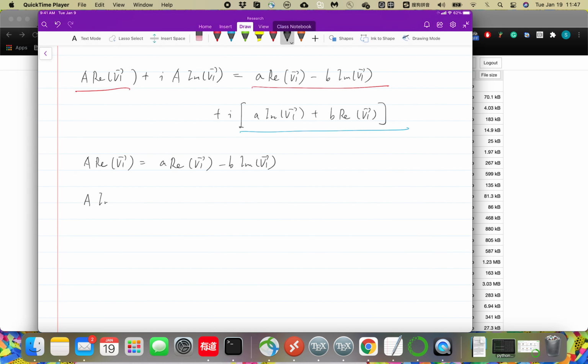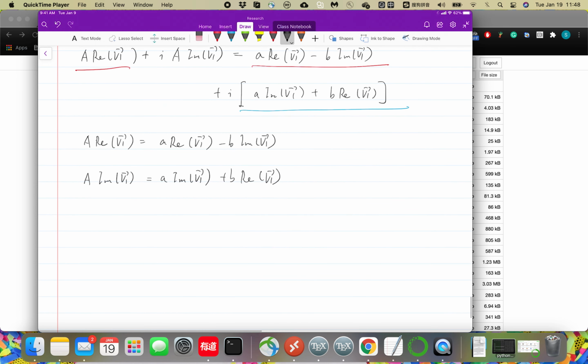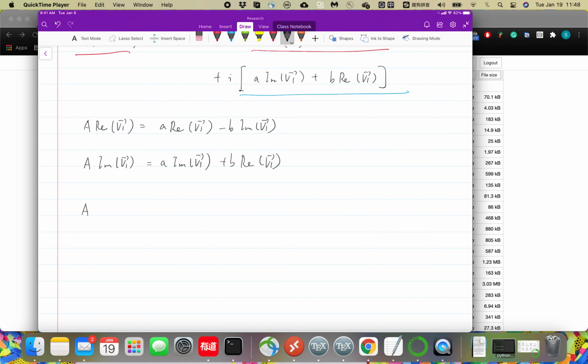A imaginary v1 equals A imaginary v1 plus B real v1. All right. Finally, you have A real v1 minus I imaginary v1, which is what we're trying to get for the second eigenvector corresponding to A minus BI.